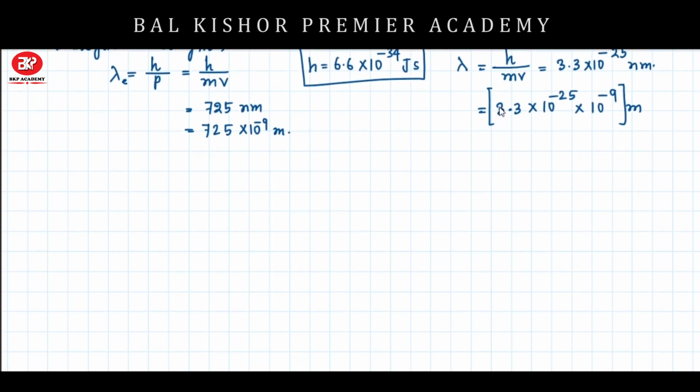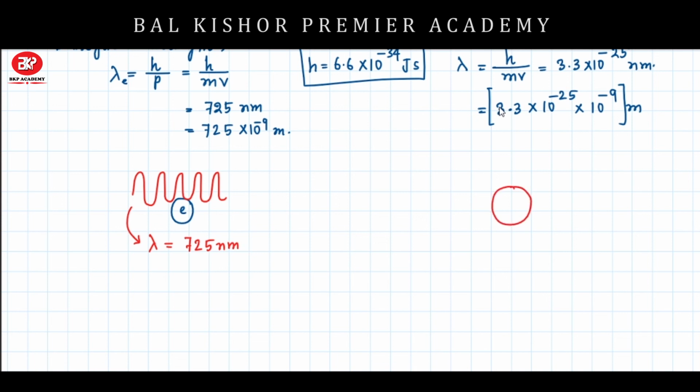If this is the electron, the matter wave associated with it has a wavelength of 725 nanometer. The football also has a matter wave associated with it according to the wave particle duality, but the wavelength here is 3.3 into 10 to the power minus 25 nanometer.